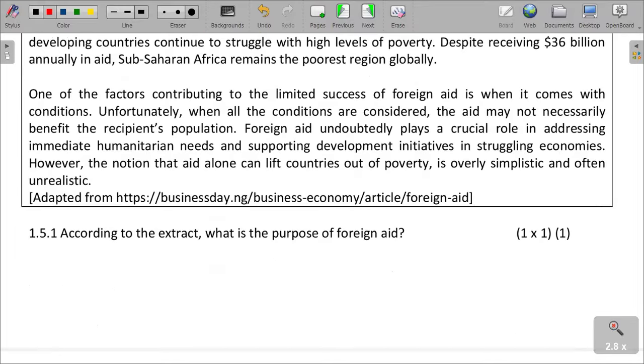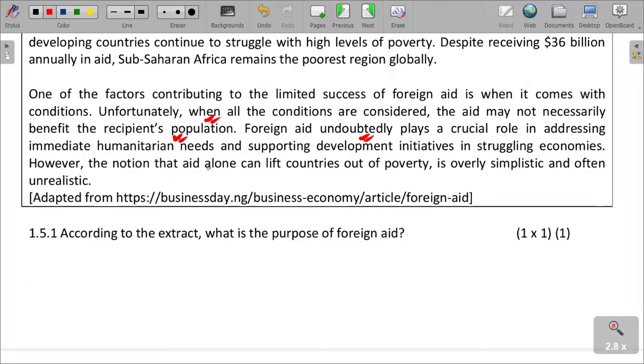One of the factors contributing to limited access to foreign aid is when it comes with conditions. Unfortunately, when all the conditions are considered, the aid may not necessarily benefit the recipient population. Foreign aid undoubtedly plays a crucial role in addressing immediate humanitarian needs, supporting development initiatives, and struggling community economies.